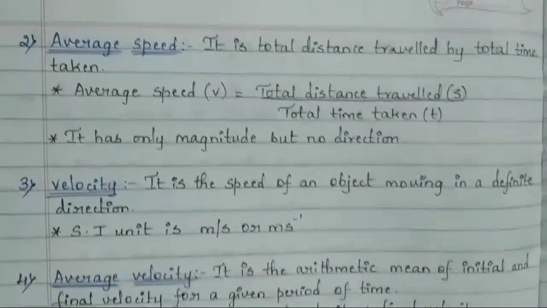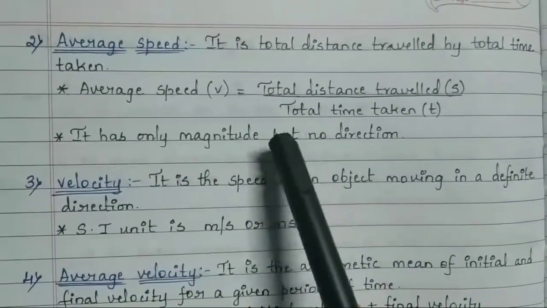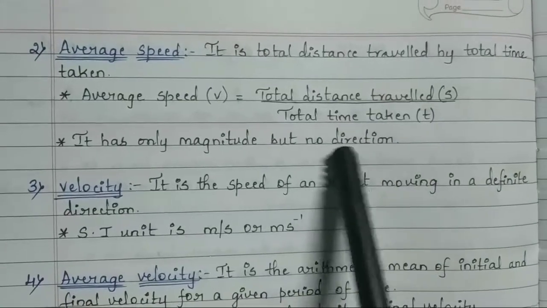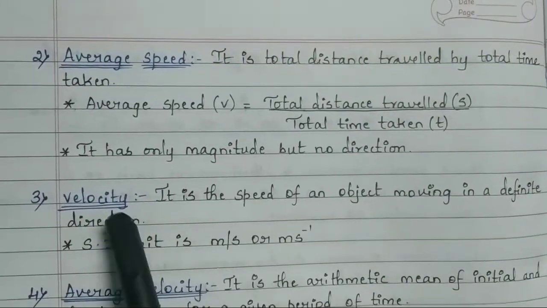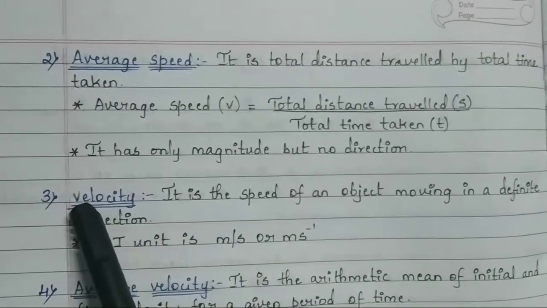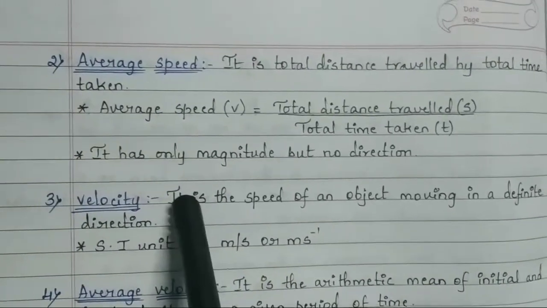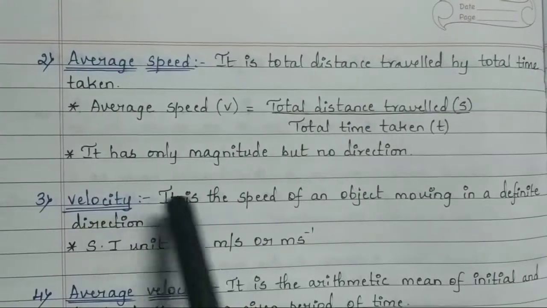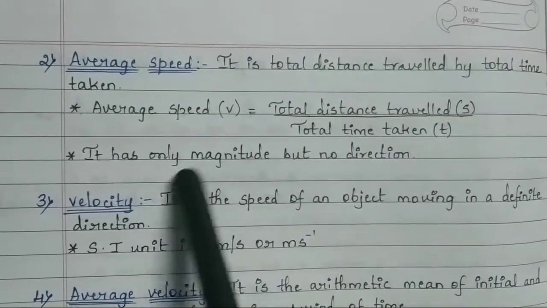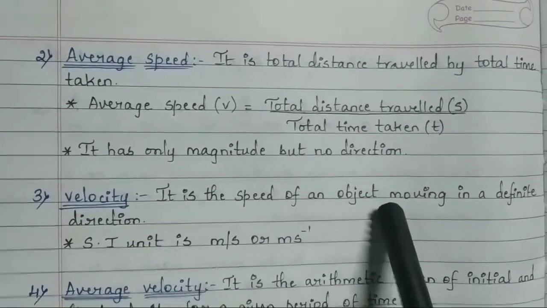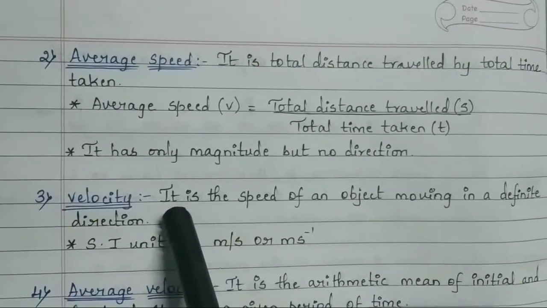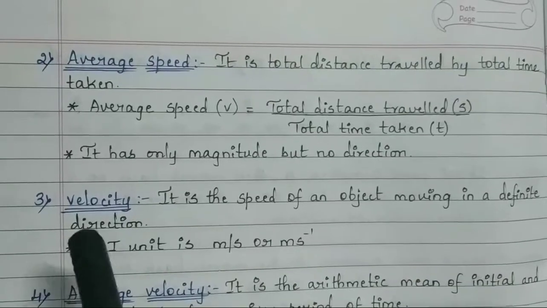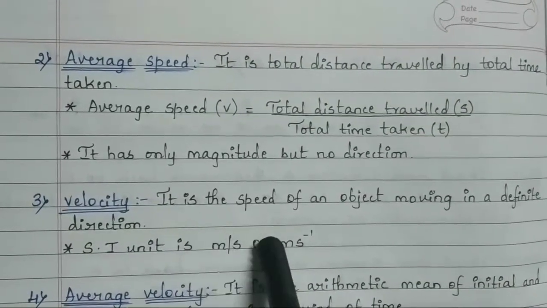Next comes velocity. See, speed has no direction, it can only tell us magnitude. Because of this, one more quantity was given, that is velocity. So what is velocity? Velocity is similar to speed. It is the speed of an object moving in a definite direction. Your velocity shows both magnitude as well as direction.